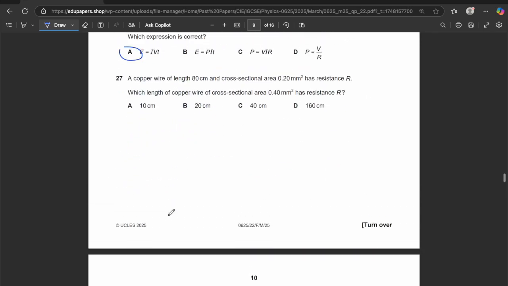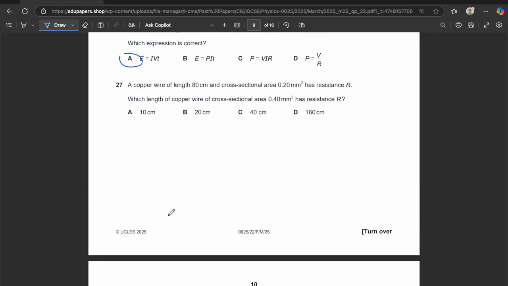A. 27. A copper wire of length 80 centimeters and cross-sectional area 0.2 millimeters squared has resistance R. Which length of copper wire of cross-sectional area 0.4 millimeters squared has resistance R?